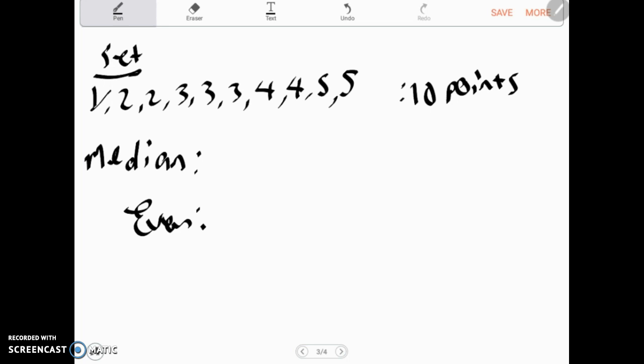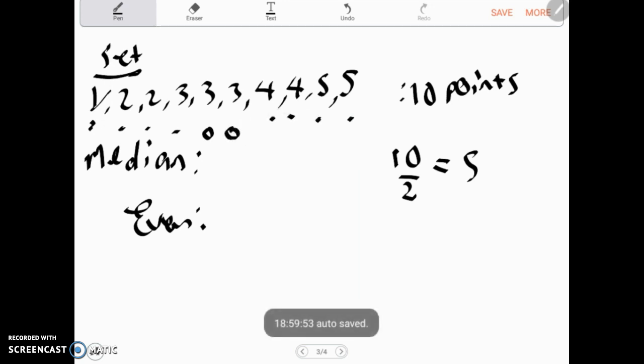We divide 10 by 2, and we get 5. But the problem is if we go 5 from either side, it's not really going to work. If we go 1, 2, 3, 4, 5, 1, 2, 3, 4, 5, we end up with 2 numbers for the median. Now the median can only be one number, right? So what we actually need to do is add the 2 numbers together and then divide by 2.